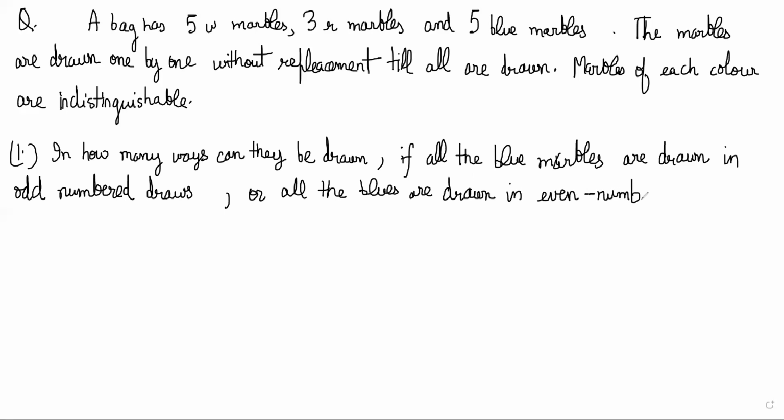So either they are coming out in the odd numbered draws or in the even numbered draws. So in how many ways may one draw the marbles so that all the blue ones are coming out in odd numbered or even numbered draws, right?